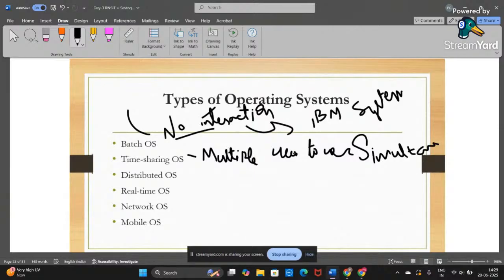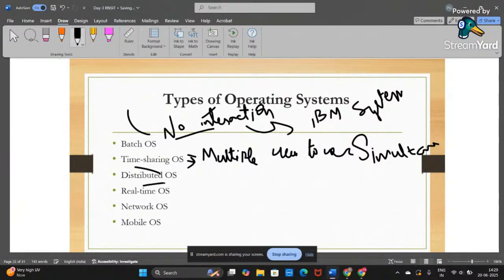And here a time slice, a quantum, is allocated per user. Okay, time is shared.